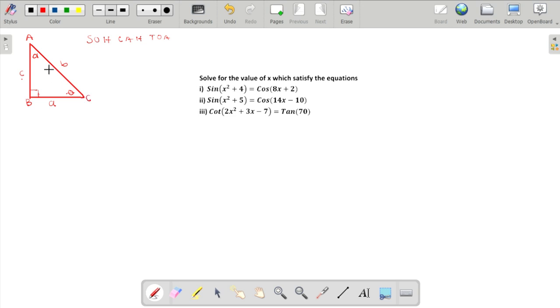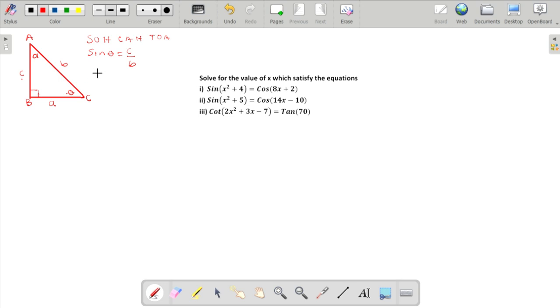Then let's look at the angle alpha. The opposite of alpha is the line BC, while the adjacent is the line AB. So let's look at sine with respect to theta first. Sine theta is opposite over hypotenuse, which is c over b.